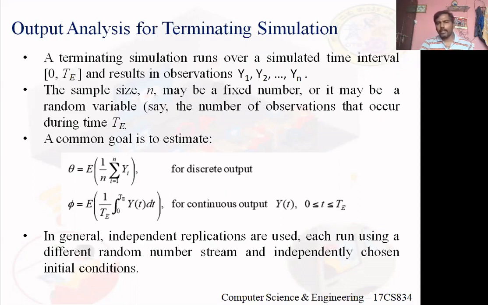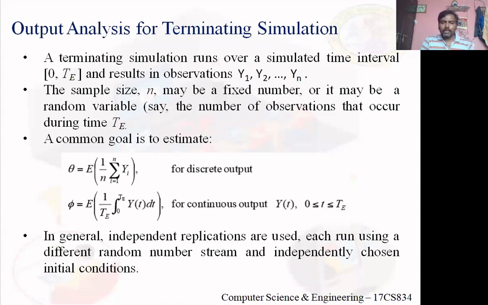Then I taught you how to compute the average queue length when t is continuous, using integration. So 1 by T integration 0 to T y of t dt. This gives the average queue length in one particular run. That I will denote as pi cap. You remember, right? In one run, the average queue length will be determined as pi cap.